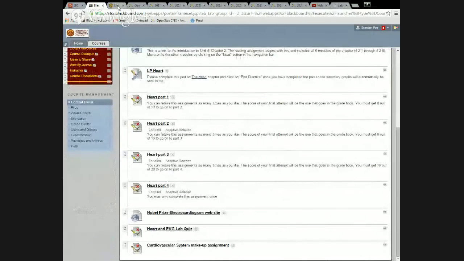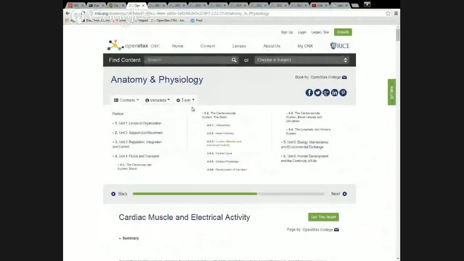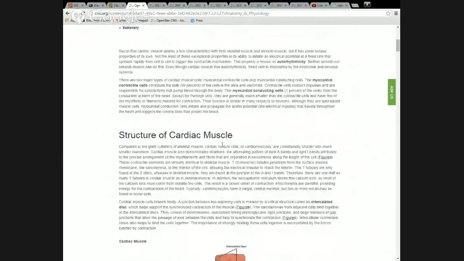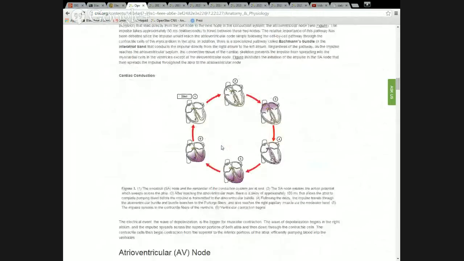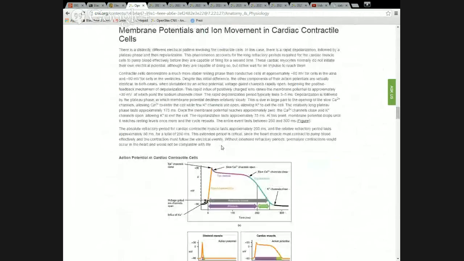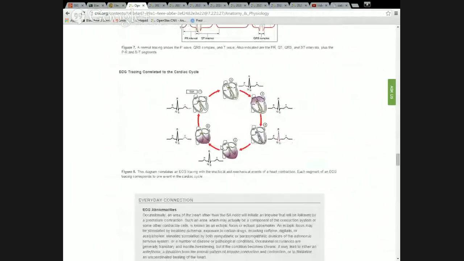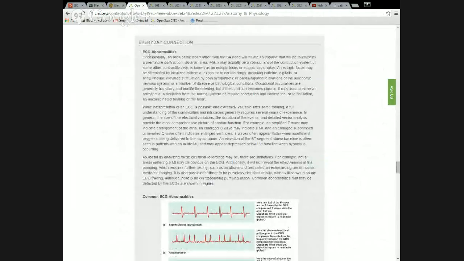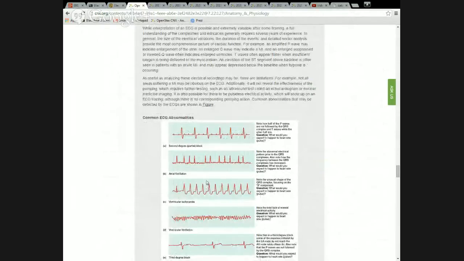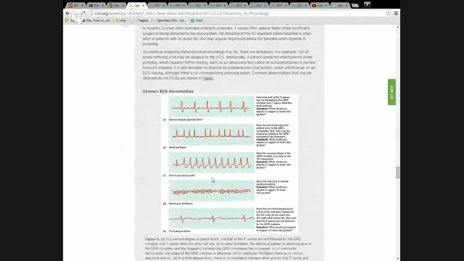The reason we don't need it anymore is because in this part of the chapter, the cardiac muscle and electrical activity, after it talks about the EKG, there we go, the stuff we looked at, it has this everyday connection, and it has some examples of abnormal EKGs.